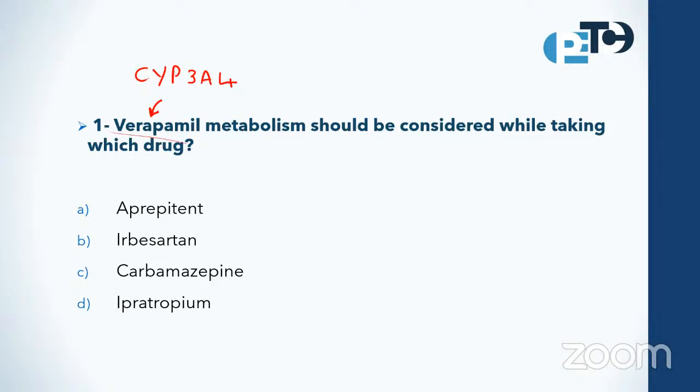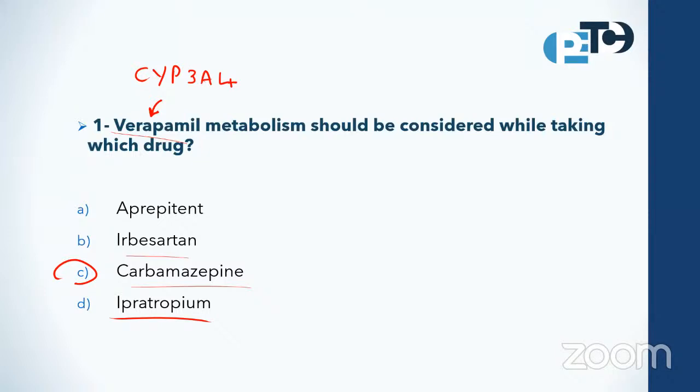Let us see the choices: aprepitant, erbizostan, carbamazepine, and ipratropium. Carbamazepine is a common inducer, so it is the first drug that you should think about regarding those choices. What will happen to verapamil in this case?